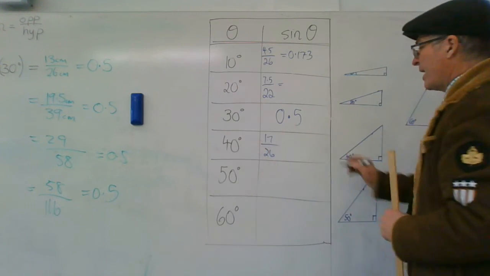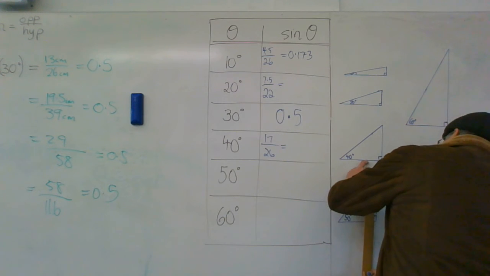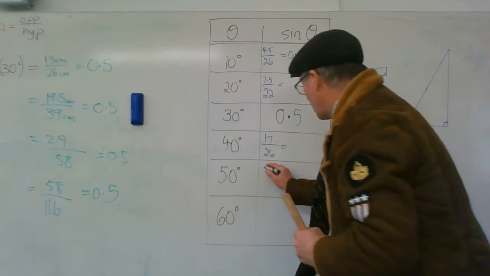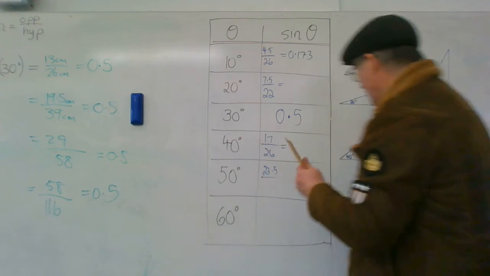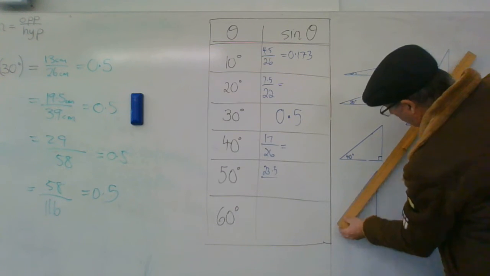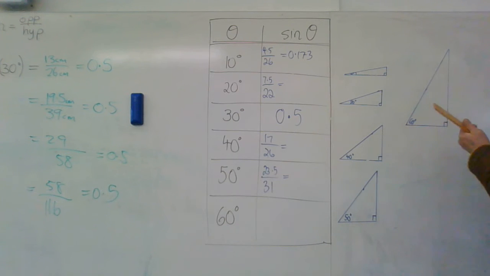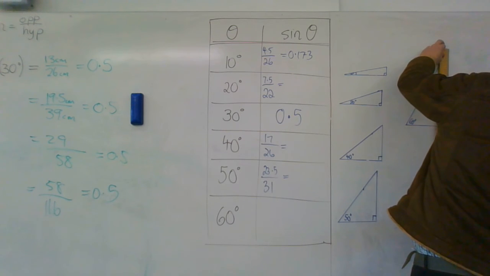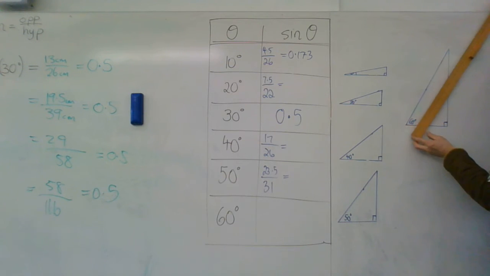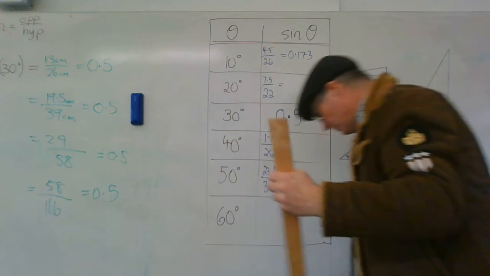I'll come back and work that out in a minute. For a 50-degree one, the opposite is 23.5 and the hypotenuse works out to be 31. And finally, for a 60-degree one, the opposite side is 37 and the hypotenuse is 43.